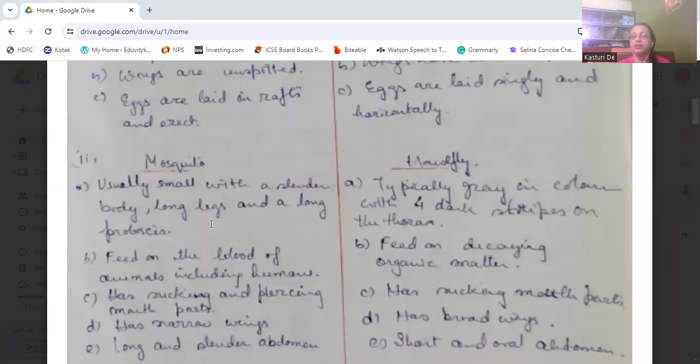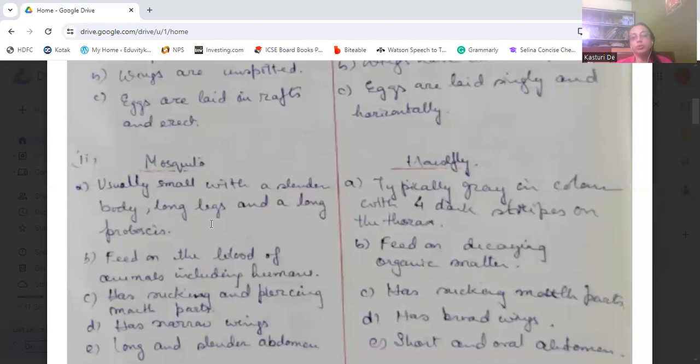They have certain dark stripes on their thorax, and their proboscis is smaller, not as long as a mosquito's. And they're not so slender, they're a little bit fatty.